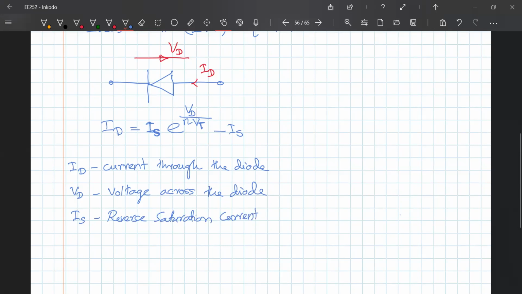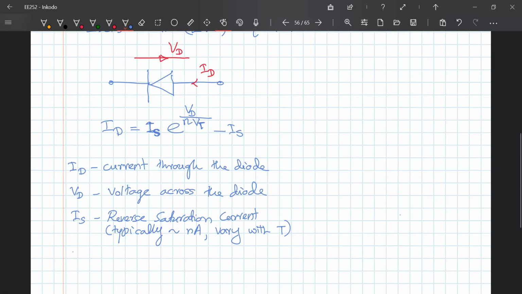Okay, and this is typically very small, in the range of nanoamperes. And it also varies with temperature. As you can imagine, the diffusion depends on the energy of the charge carriers, electrons and holes. With temperature, that energy changes, so therefore the diffusion changes. So the reverse saturation current, or the diffusion current, changes with temperature, but this is a very small value.